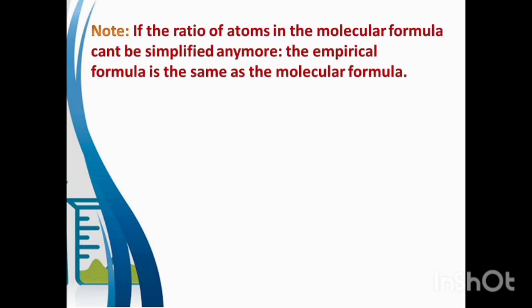Next, you need to know that if the ratio of the atoms in the molecular formula can't be simplified anymore, the empirical formula is the same as the molecular formula.